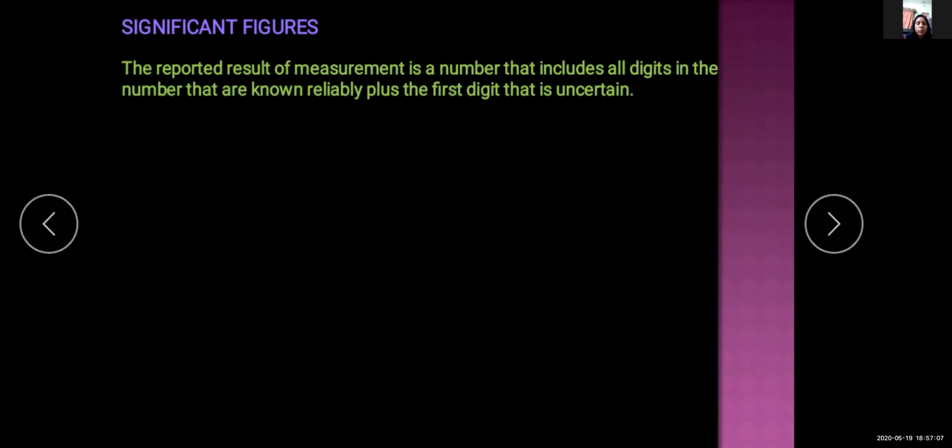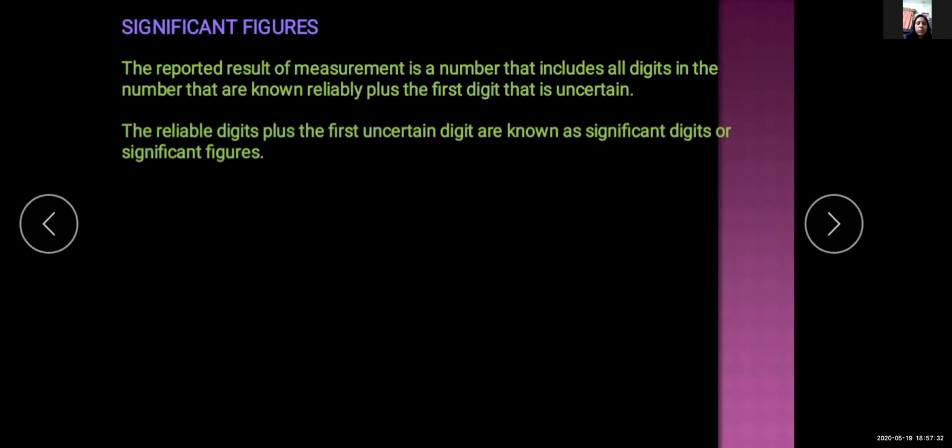The reported result of measurement is the number that includes all digits that are known reliably plus the first digit that is uncertain. In every measurement, we have all reliable, that is certain digits, and the first digit that is not reliable, that is the uncertain digit. So the reliable digits plus the first uncertain digit are known as significant digits, or we can say significant figures.